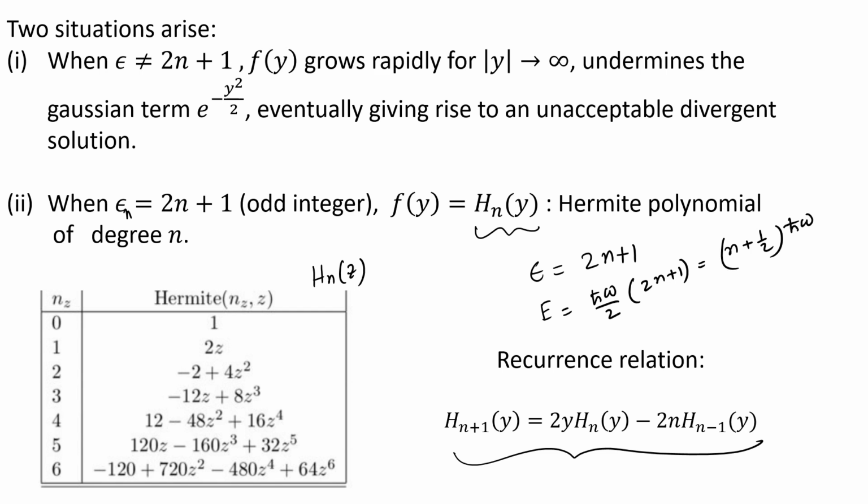This is how the energy levels of the harmonic oscillator are quantized, and n can take any value, n equal to 0, 1, 2, 3 and so on, including 0, and this n equal to 0 is called the 0 point energy. So, the half h cross omega is a 0 point energy, which is not equal to 0, in the sense that it is greater than 0. So, even in the lowest energy state, the oscillator will have some finite energy which is equal to half h cross omega.